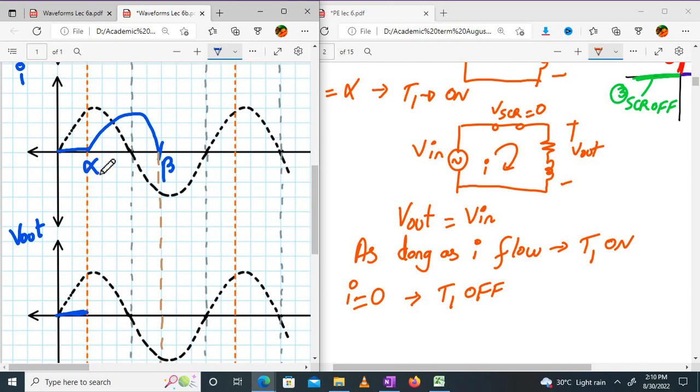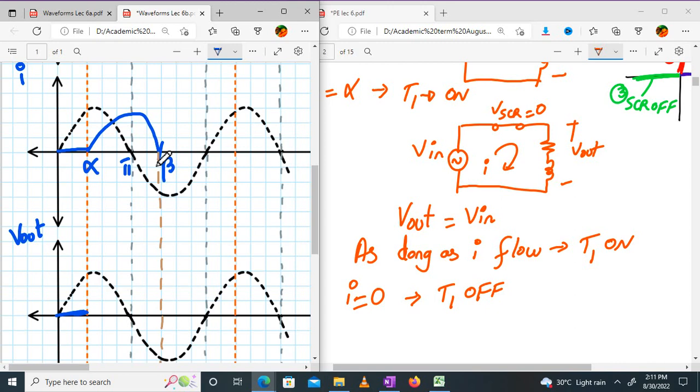Now from alpha to pi, the current is positive, and from pi to beta, again the current is positive. Now I need not explain why it is positive. I've already explained that in the initial half an hour. You have to remember this. When you draw, you have to draw it like this. Yes? No? You're following? Whenever we have a RL load, this will happen automatically.